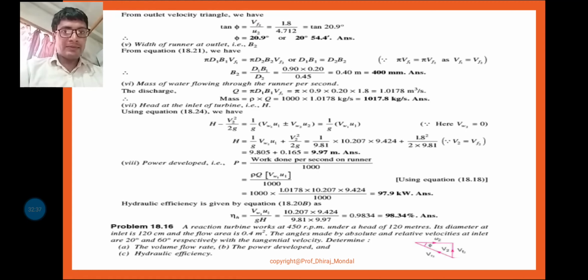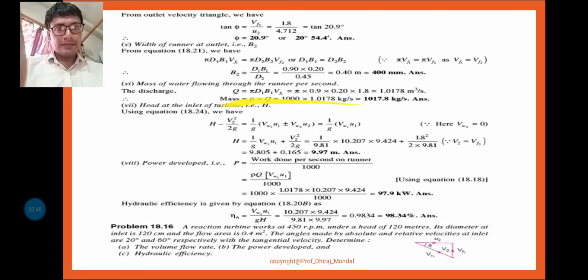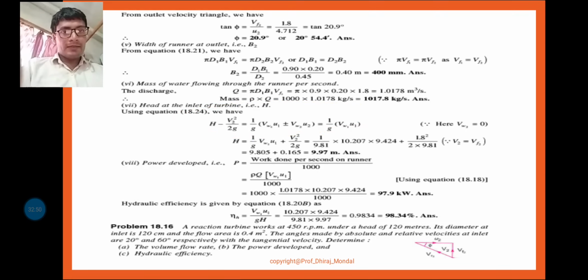So the formula is 1 by G VW1 U1, eliminating the VW2 U2. This is the ultimate equation, and VW1 and U1, this is already given, already I have found out from the given data, and 9.97 meter is the correct answer. That is the head at the inlet of the turbine. Clear? So what is the head at the inlet of the turbine? 9.97.